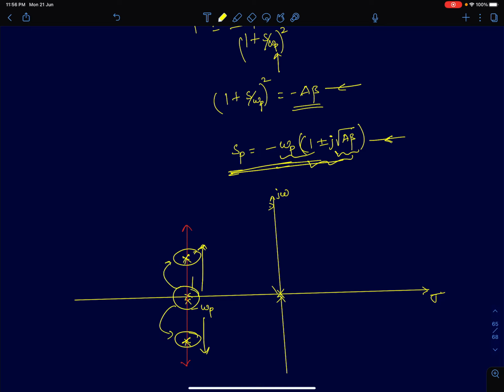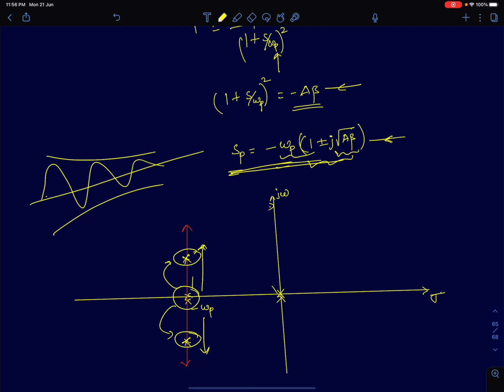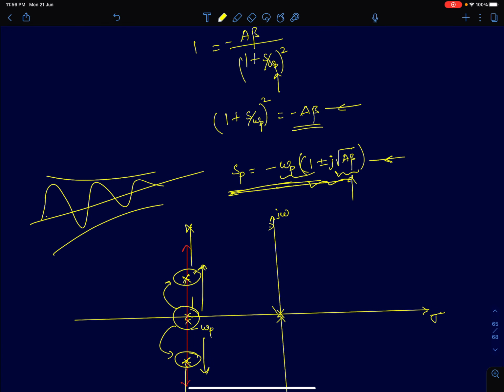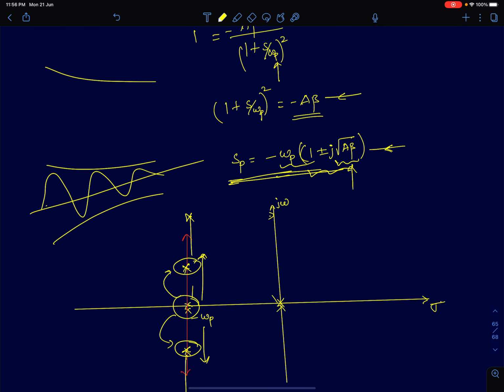So you should expect the impulse response will look something like this. So we'll have a decaying sine wave that looks like this. As you further increase your loop gain, the poles will move higher along the j omega axis. What it simply means is that the envelope is going to remain the same, but you will now have more ringing before it decays down.